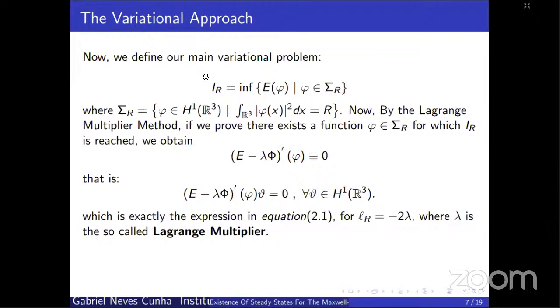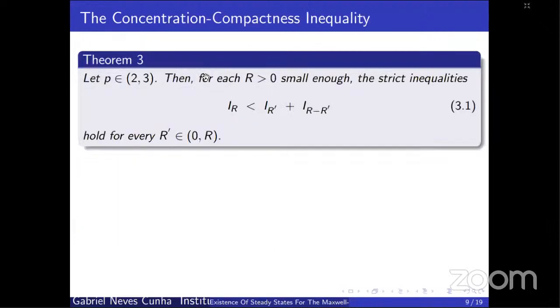So the way we overcome the compactness, which is the main point here, is by using a really beautiful lemma, with proper reference to the two papers at the end. It is a very interesting theorem.